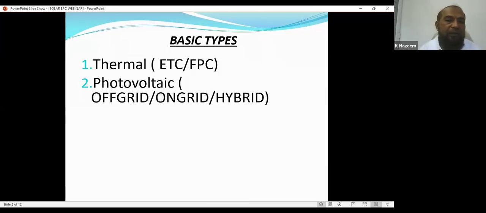1 kilowatt will generate about 4 units of electrical energy per day with respect to Bangalore weather, in general Indian weather. Of course, there are many installations where the generation has crossed 6 units per day also, but that is not a standard or generic figure.